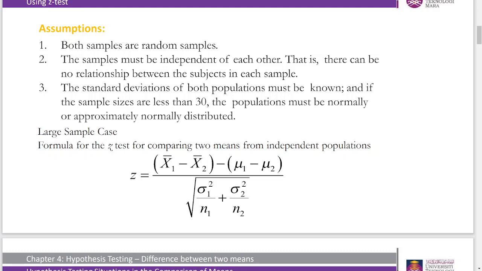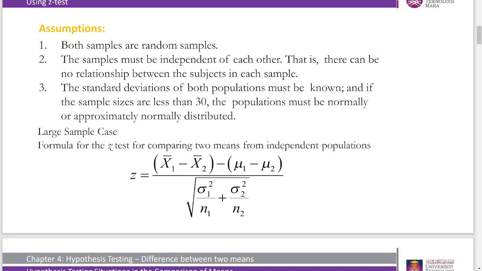So for a large sample case, we're going to look at the formula for the Z test for comparing two means from independent populations. If you have a large sample case, then you can calculate the Z statistic by the formula: x bar 1 minus x bar 2 minus mu 1 minus mu 2, divided by the square root of sigma 1 squared over n1 plus sigma 2 squared over n2.